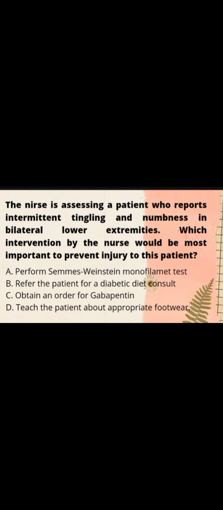Choice B is incorrect because diabetes is a common cause of peripheral neuropathy, but a diet consult will not specifically address promoting the patient's safety. Choice C is incorrect because gabapentin is used to improve neuropathic pain and may be appropriate for this patient but will not directly prevent injury.